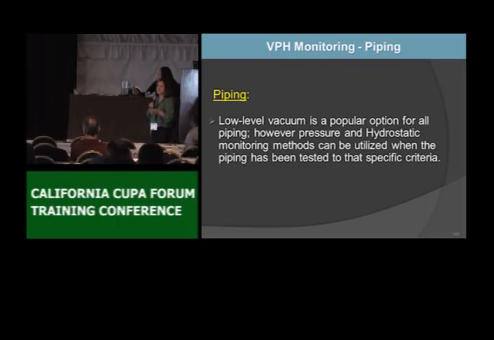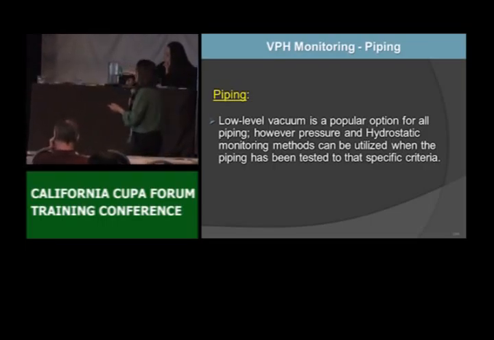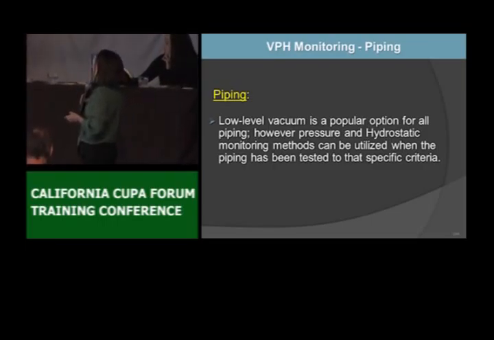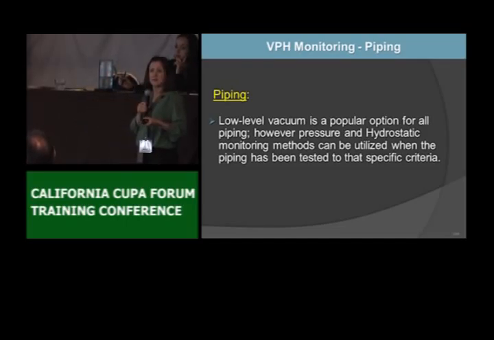Actually, it's not even a station, it's a non-retail facility that has the hydrostatic monitoring option as part of the piping. They have fiberglass pipe. You mostly see the low-level vacuum for the piping, and then for sumps and UDCs, we often see vacuum or hydrostatic, similar to the tanks.